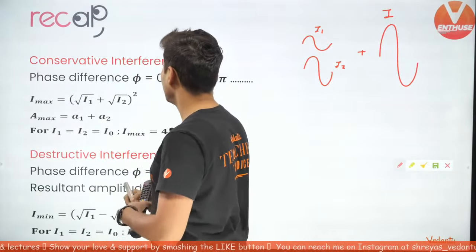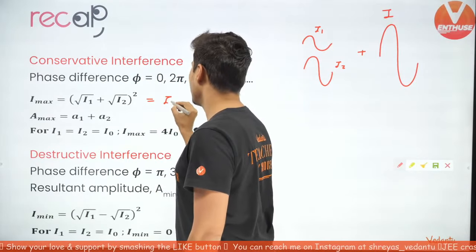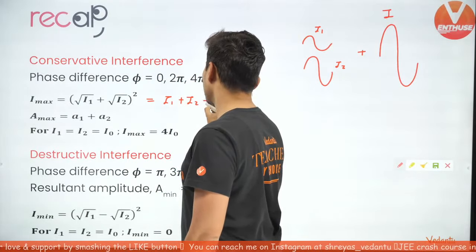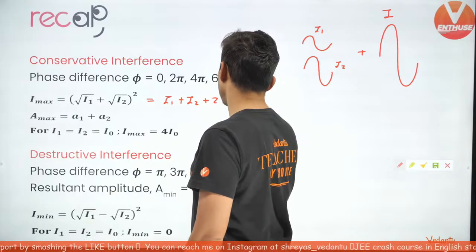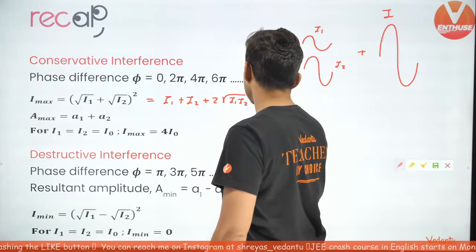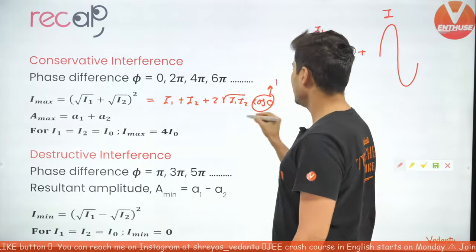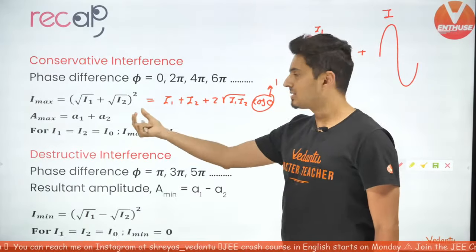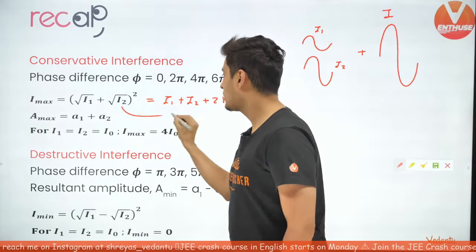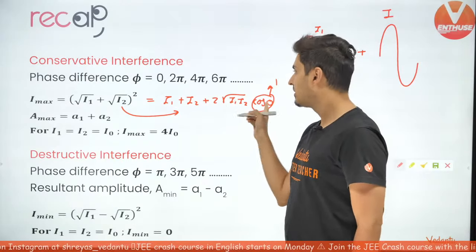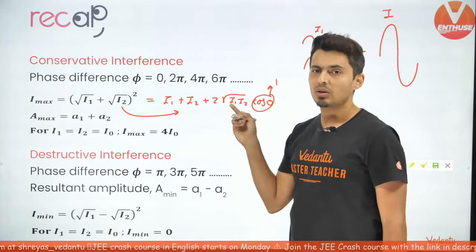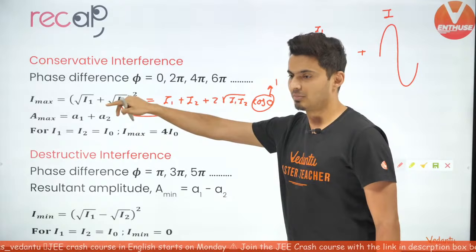This comes from that formula of I1 plus I2 plus 2 root I1 I2 and cos of 0. Cos 0 is 1. So when you open this bracket, you are going to get exactly the same thing because the phase difference is going to be 0. So that's the short formula for remembering that.